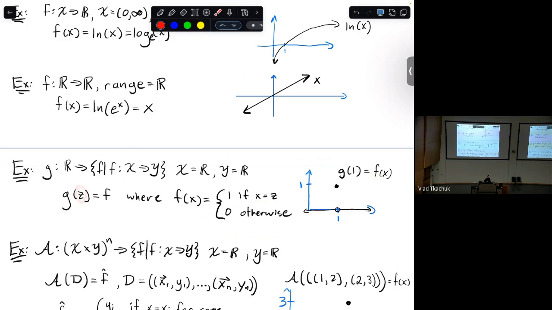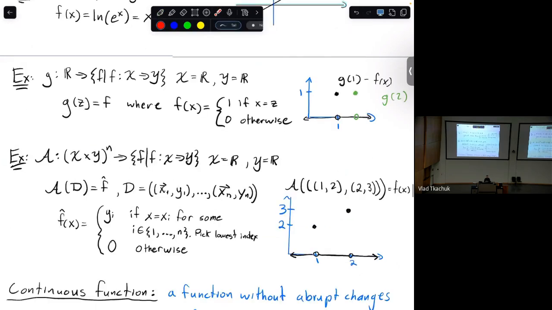Here's your function: you get this one number and you output a function which looks like this. And if this thing was different, like if we were looking at g of 2, then g of 2 would take on the value of 1 over here and 0 everywhere else. So this is an example of a function that outputs functions.